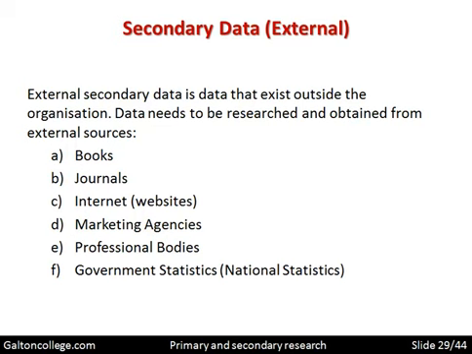Government statistics being an obvious one. The government collect all sorts of statistics about the economy, about the social framework of the country, about different aspects of expenditure and taxation and so on, and these may be useful to the business. Again, secondary data.